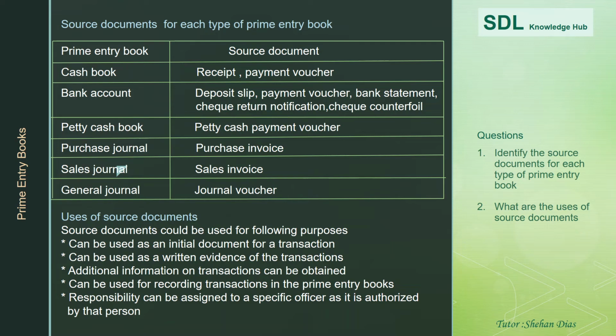Additional information can be obtained from a source document. When recording the transaction in the prime entry books, it can be used for that purpose. And finally, the responsibility can be assigned to an officer as it is authorized by an individual.